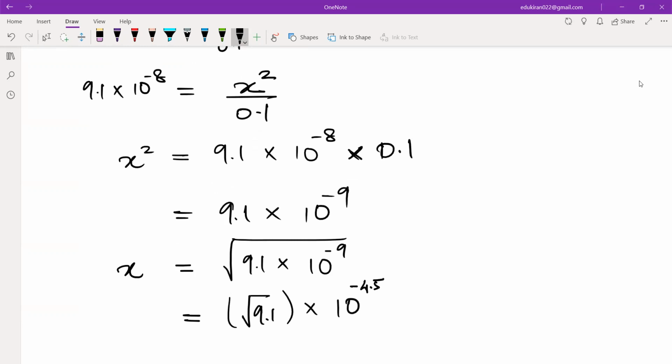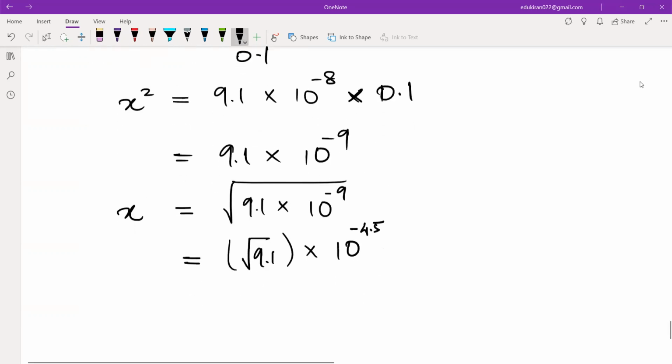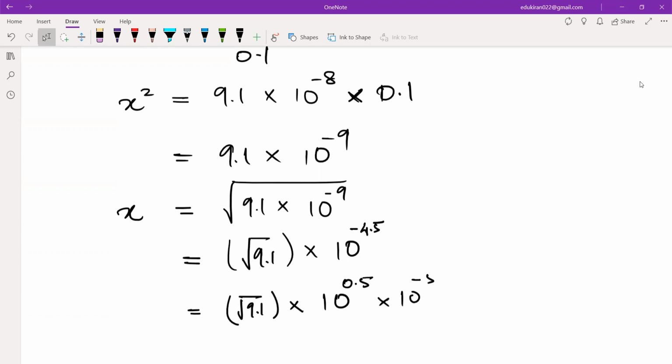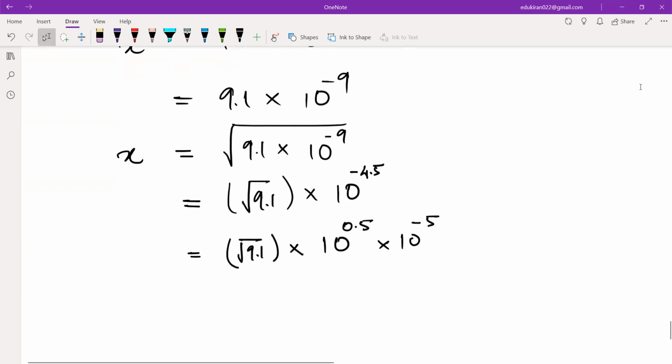So this is under root 9.1. I hope all of you know how to calculate 10 to the power minus something. You can write minus 4.5 as 10 to the power 0.5 into 10 to the power minus 5. We have done this in logs.